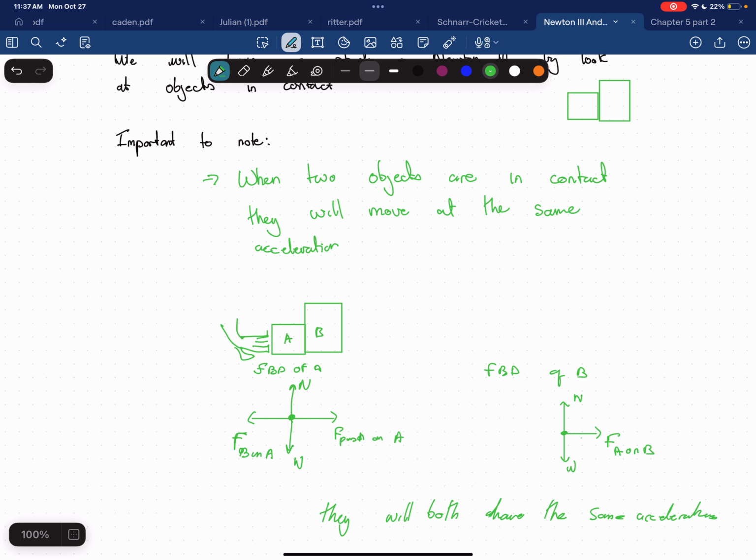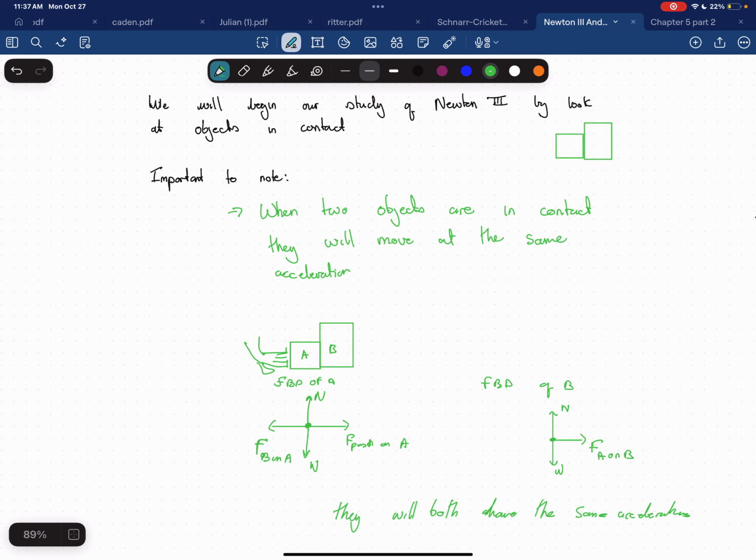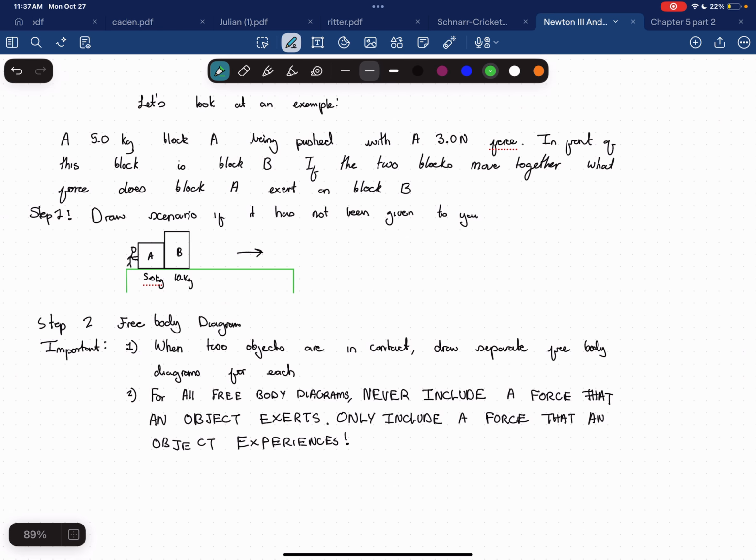If we look at the forces, the F of B on A and F of A on B will cancel out. Then the net force actually making them move is the F push on A. So that net force has an acceleration, and that's the acceleration they're going to share. Let's see it by a problem.